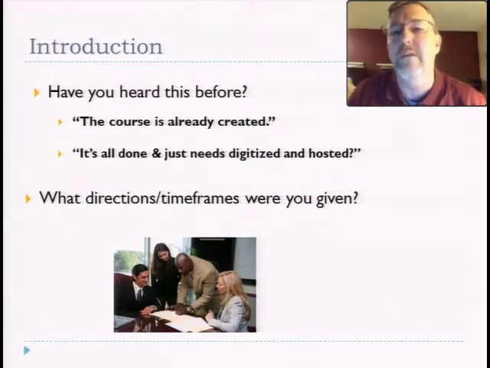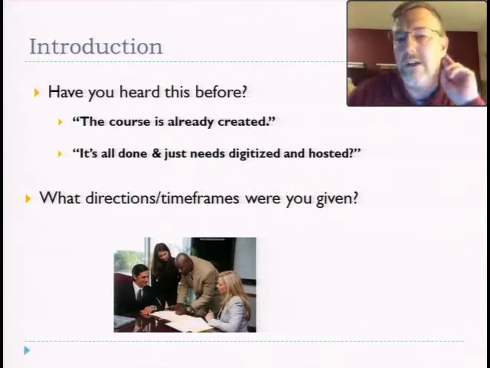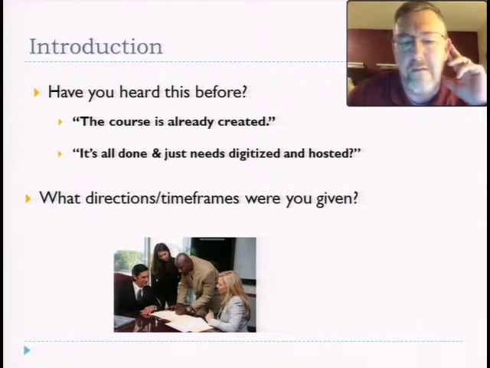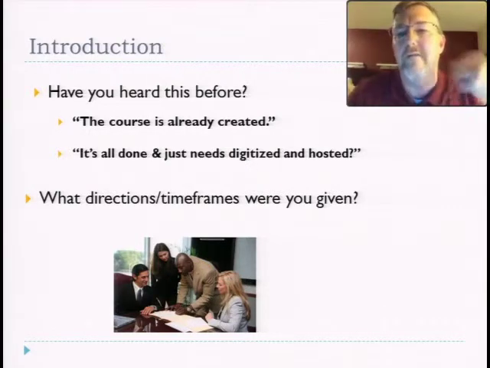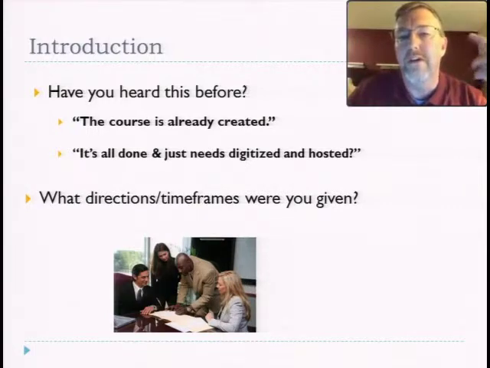Now, I'm not there to be able to respond directly to questions, so Dean, I won't be able to hear what they say. If you wouldn't mind repeating some of the feedback from the floor. Anybody that's been in this position before, what kind of directions and time frames were you given by the person that assigned you that challenge of transitioning the courseware?